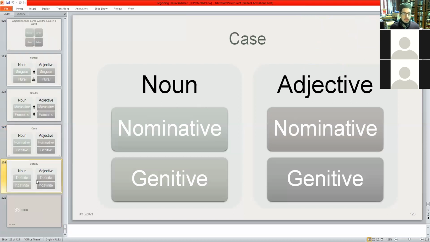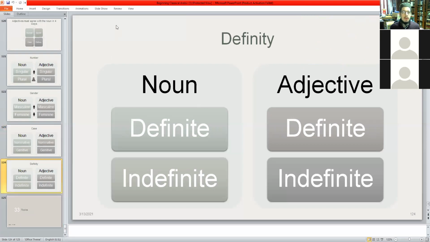And finally, the sifa and mawsuf have to agree in their definity, whether they are definite or indefinite. One second. Okay. Definite and indefinite.